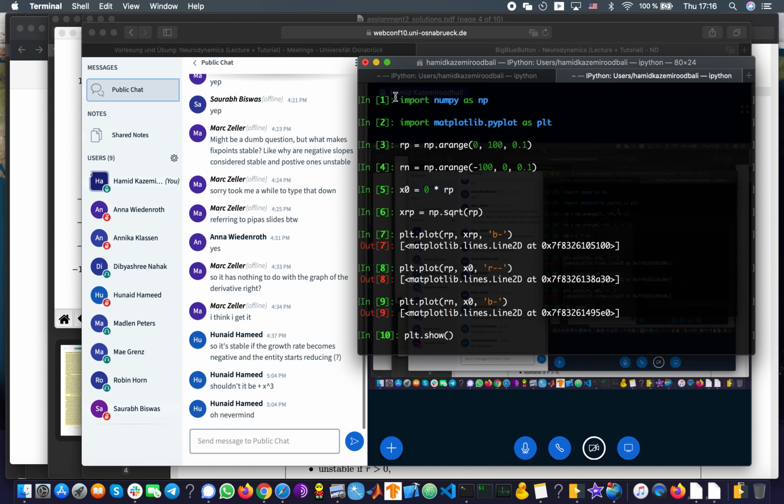So again, you have the libraries NumPy and Matplotlib, and for the positive r's and negative r's, you have this range, and you have x0, and for x for the positive parts, you have the square root of positive r, right?